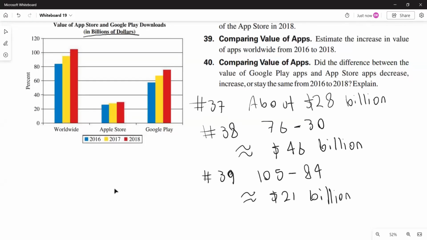And 40, did the difference between the value of Google Play and the App Store increase or stay the same from 2016 to 2018? Well, you can see that they both increased.